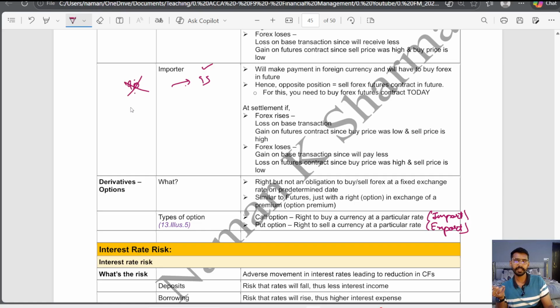Why would I go with 90 now? But if the rate had gone down to 85, in that case, I will exercise my option and get the advantage. So it protects you against downside risk, but at the same time allows you to take advantage of favorable movement.